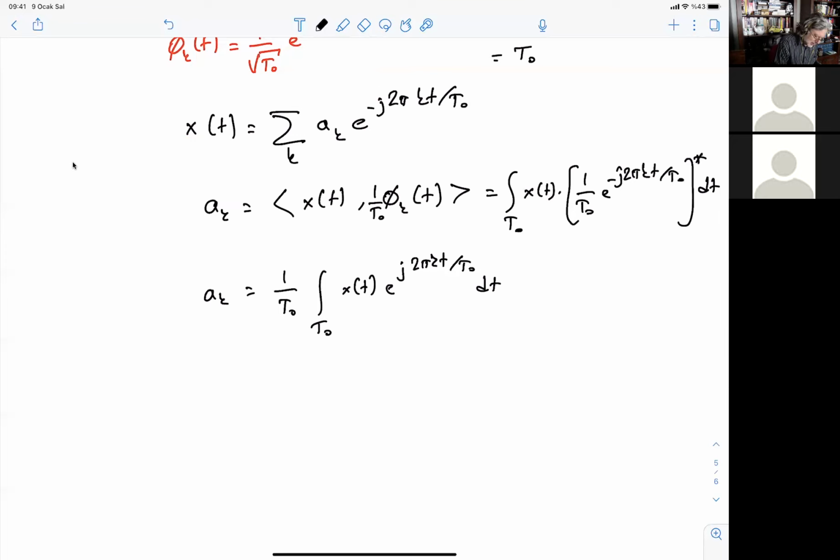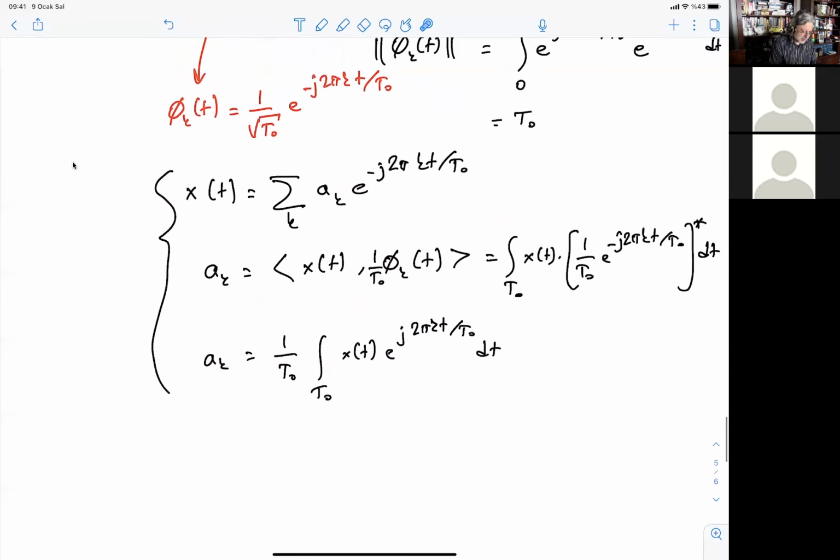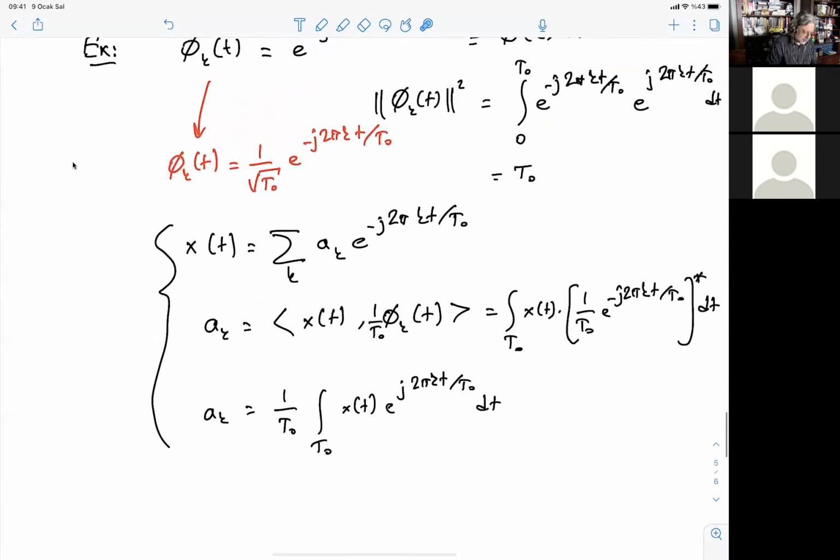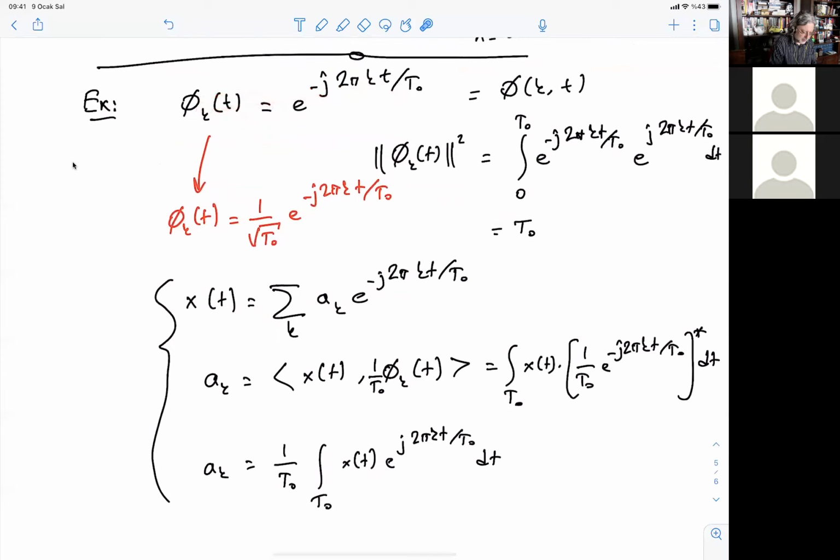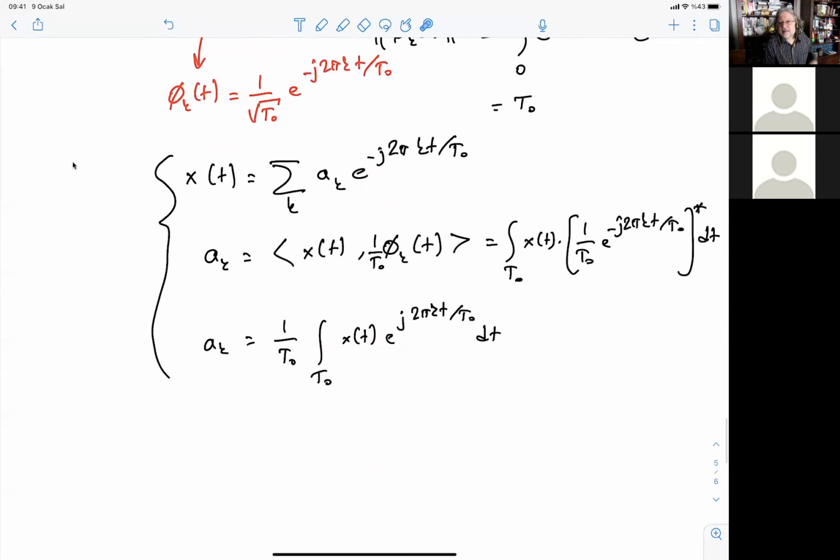So this and this make a transformation pair, an inverse transform and a forward transform pair. But those pairs could be obtained by just knowing that we have a basis signal in this form, or more generally in this form, and I just applied it and obtained the forward and inverse transformation.